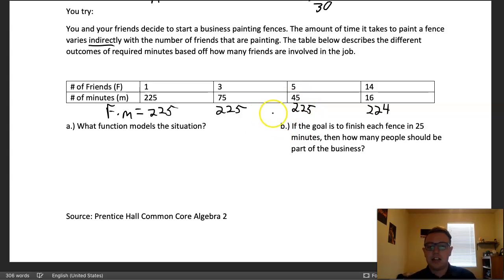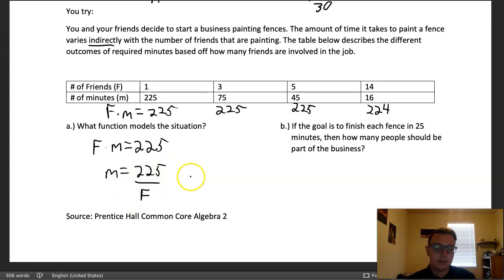So it's very close here to 225. What does that mean? It means that f times m is equal to 225, or m is equal to 225 divided by f. Or vice versa, we can say that the number of friends we want is 225 divided by our number of minutes.